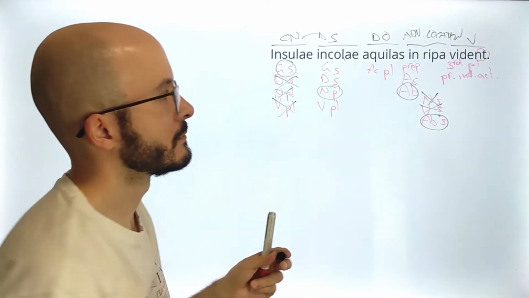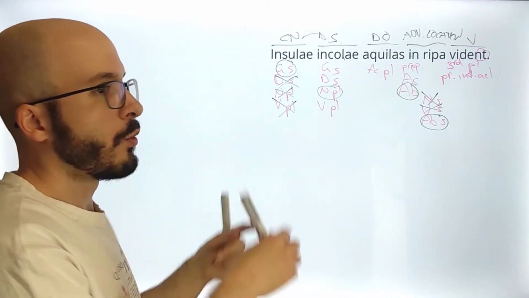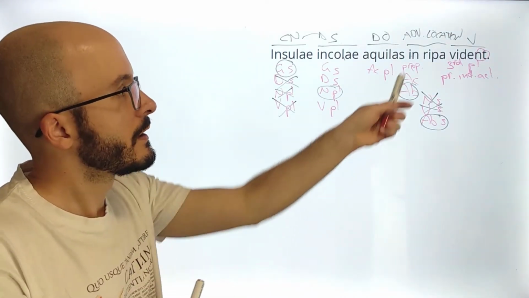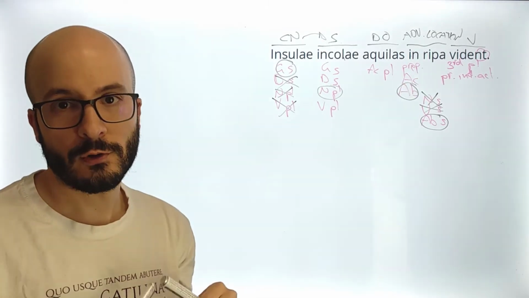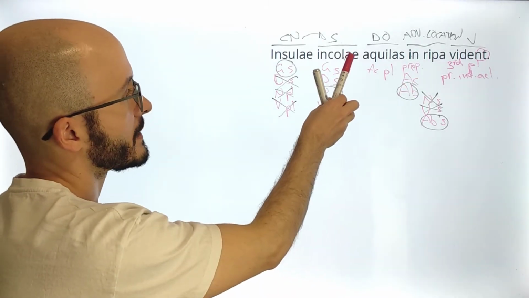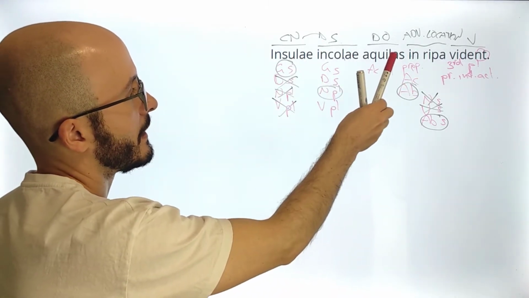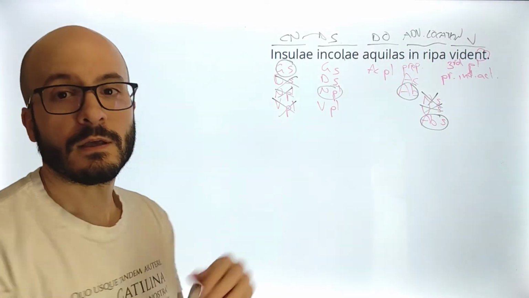So, where do they see eagles? In the shore. So the inhabitants of the island see eagles in the shore.